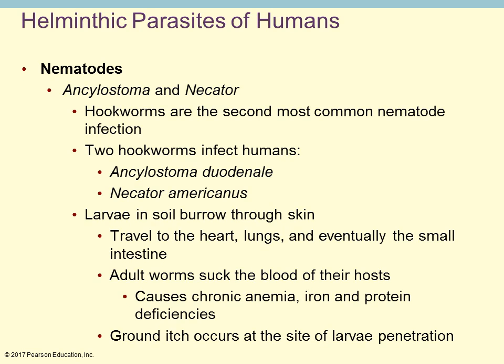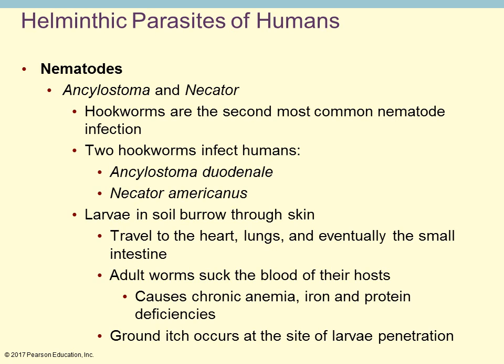Hookworms are another type of nematode infection. The larvae are in soil. They can burrow through the skin. As the name implies, the adult worm basically uses the hook to attach to the host and suck the blood because it has nutrients in it that it needs. It will end up long-term causing anemia, protein deficiencies, and iron deficiencies.